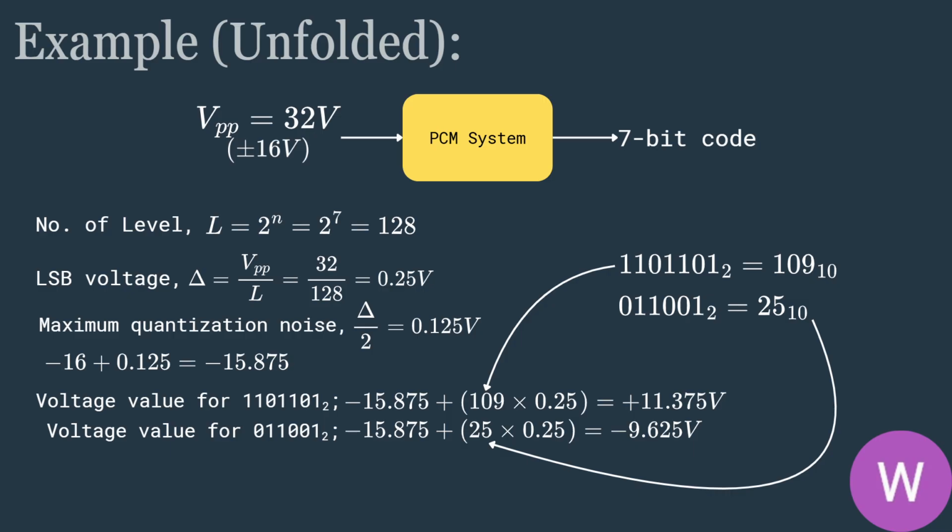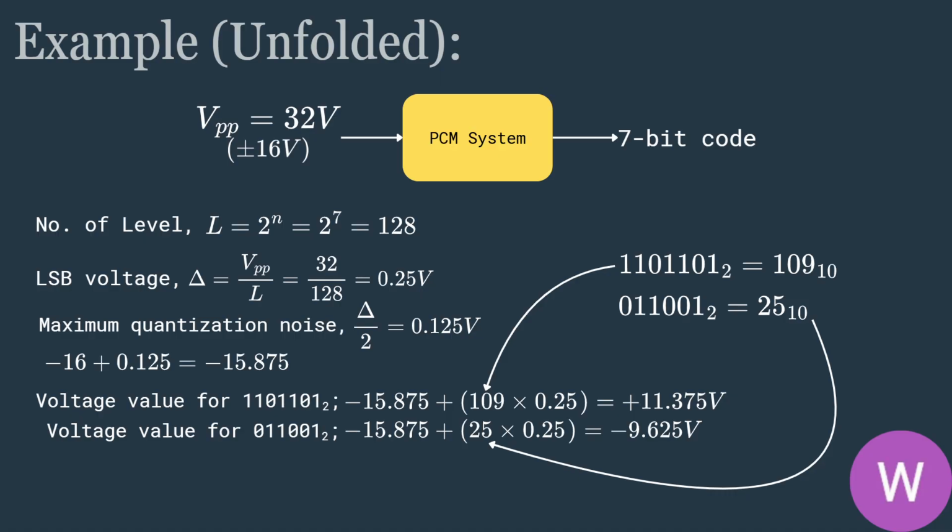Let's say you want to calculate the voltage value for the bit code 1101101. We use the formula VKL plus X times delta V. VKL is negative 15.875, and X is the 7-bit code converted from binary to decimal.